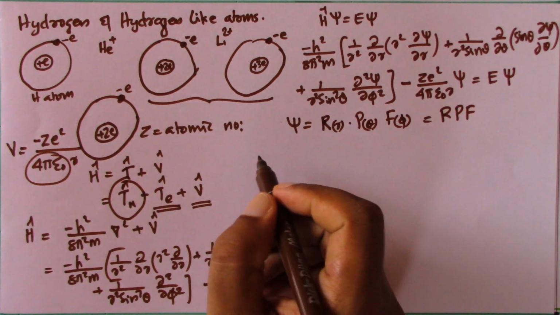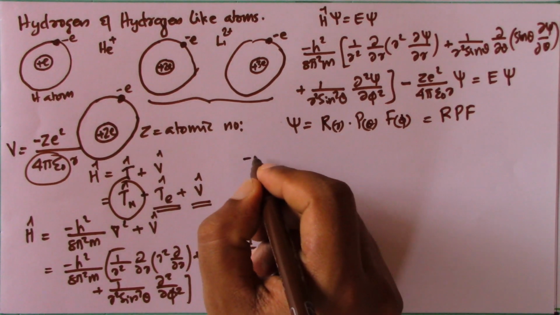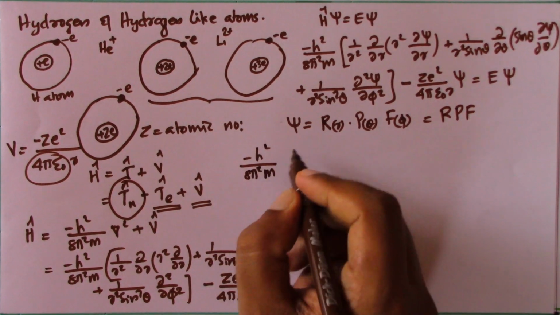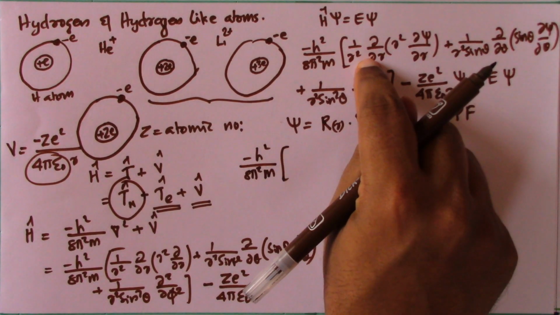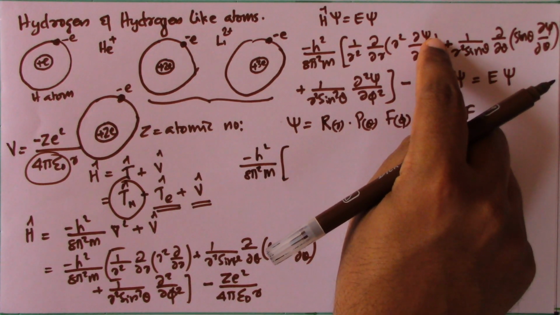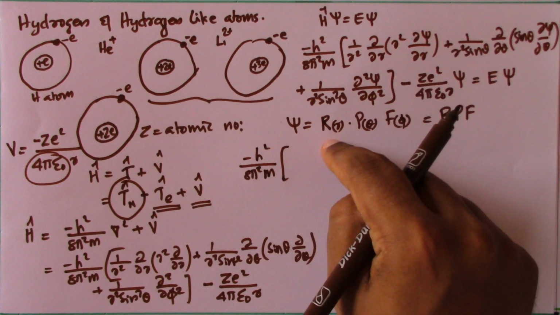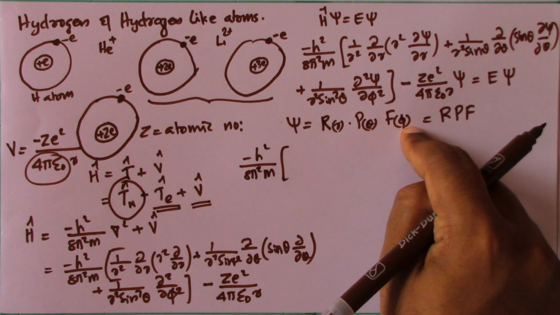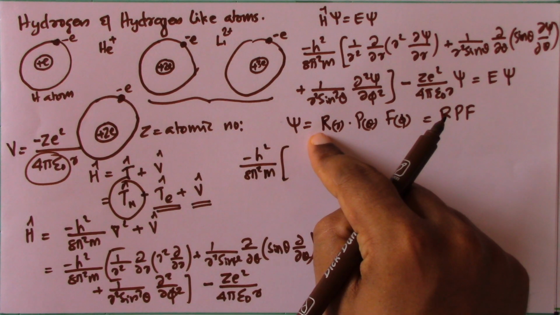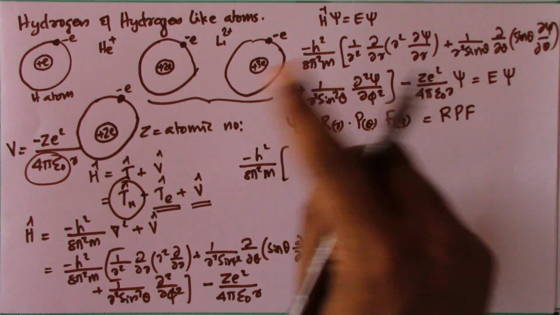Then we will get the Schrodinger wave equation: minus h square divided by 8 pi square m, 1 by r square dou by dou r of r square dou psi by dou r, where psi is substituted with R, P and F. Then the dou by dou r will operate only over R, and we can take P and F out, right?